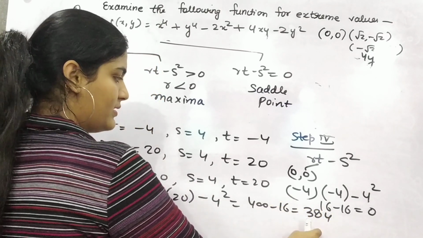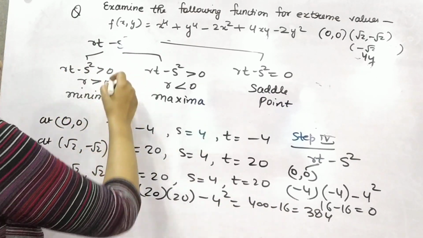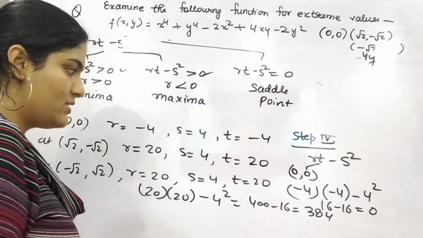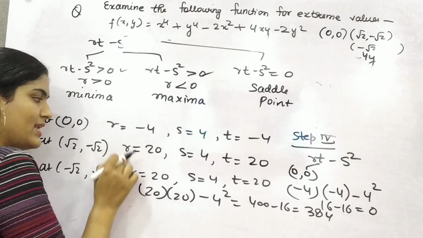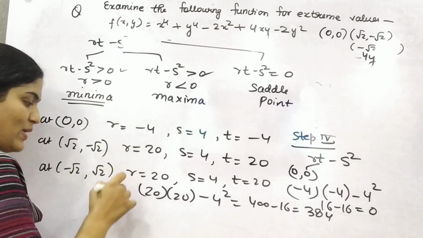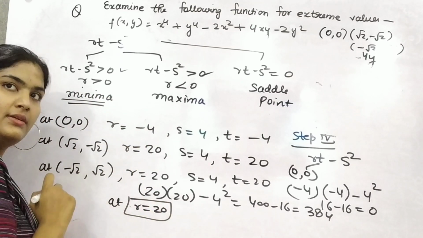Yes, 384, which is greater than 0. So these 2 conditions are satisfied. Now check whether R is greater than or less than 0. R is greater than 0, so this is the condition. So it is minima at R equals 20.